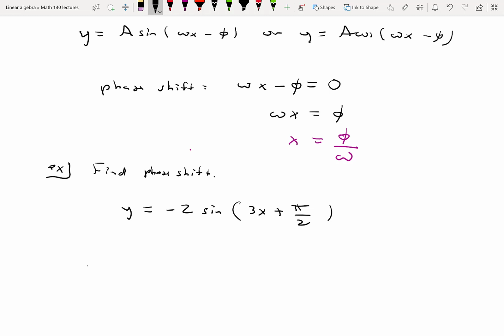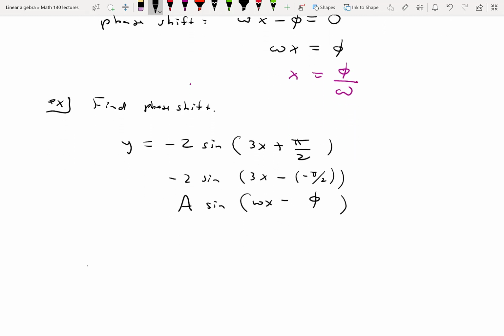The phase shift is phi over omega, but in order to use that, it needs to be omega x minus phi, so I'd have to rewrite the equation so it looks like A sine(omega x minus phi). There's a better way to get the phase shift, but the phase shift equals phi over omega. Phi is negative pi over 2, and then over omega, 3, or if you invert and multiply, you get negative pi over 6.